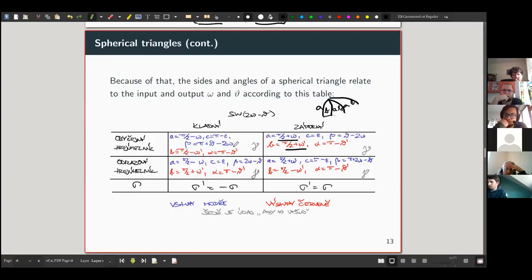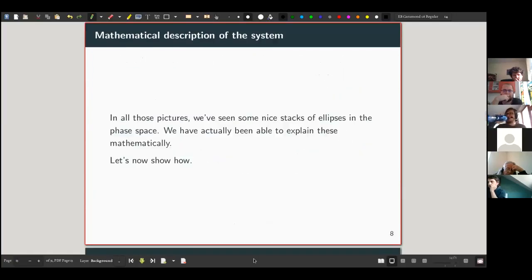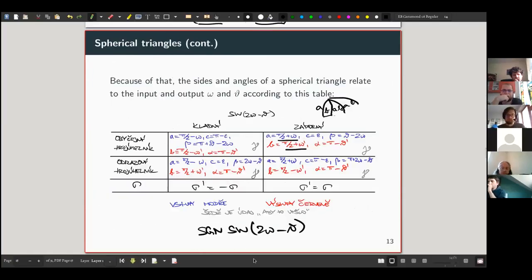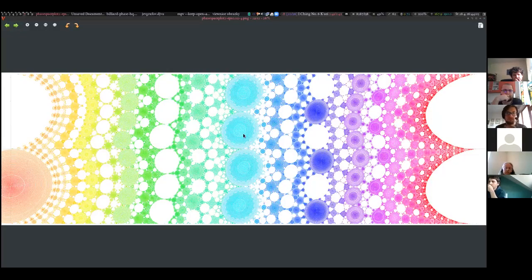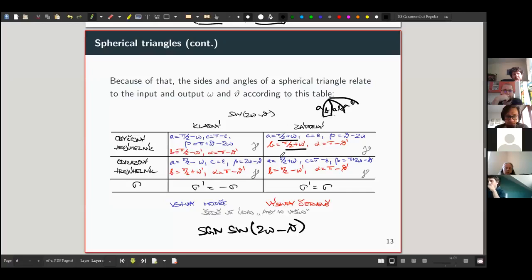However, we need to keep more types of those triangles around because they are different according to the sign of sine 2 omega minus theta. Because when we jump, oh, well, let's not return here and let's show it in here. If we jump through the center from top to bottom, then actually quite a lot of sign change, and we need to take care of that by keeping two separate triangles and chaining them in the appropriate fashion.